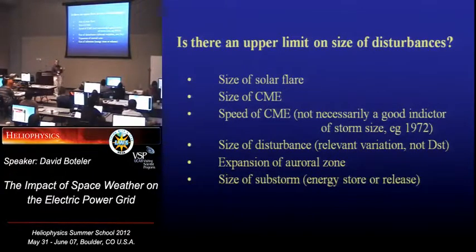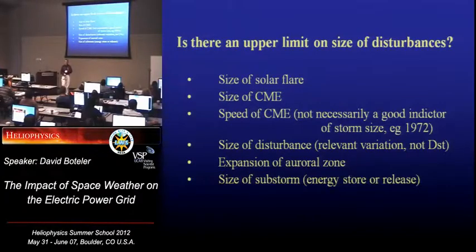We did an investigation of the March '89 storm that caused the Hydro-Quebec blackout. And in fact, it looks like there were 2 CMEs that hit, not just one. In fact there were 2 flares in the right sort of time interval a couple of days before the storm. And there was a storm sudden commencement about 6 hours before the Hydro-Quebec blackout.